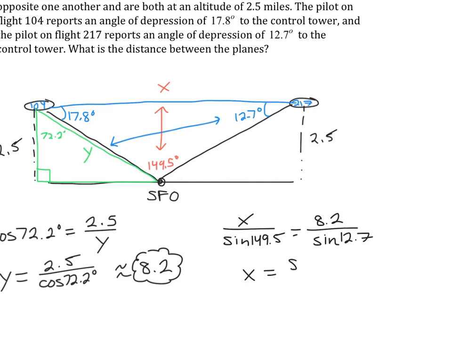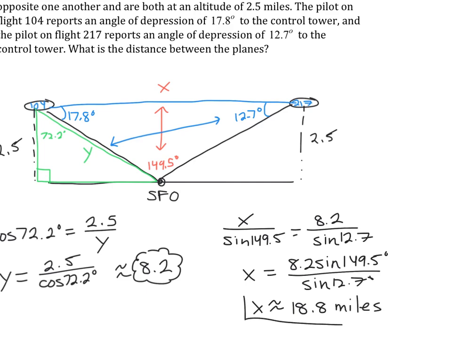So x is going to be 8.2 times the sine of 149.5 degrees divided by the sine of 12.7 degrees, which is approximately 18.8 miles.